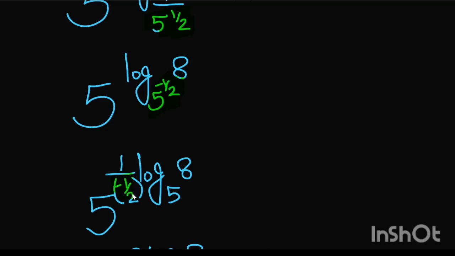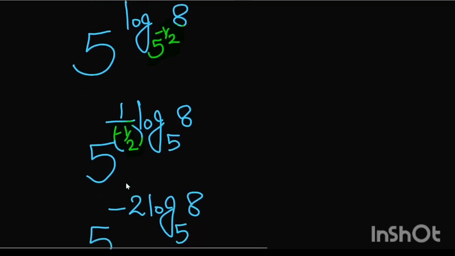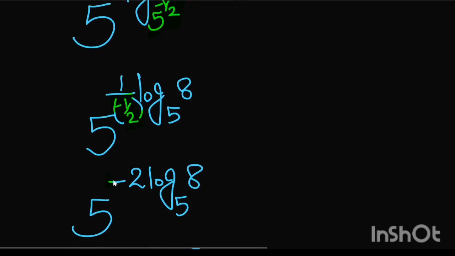So minus half will go in the division. So when minus half comes above, it comes as minus 2 in multiplication in the next step. Rest is as it is, log 8 base 5 is as it is.